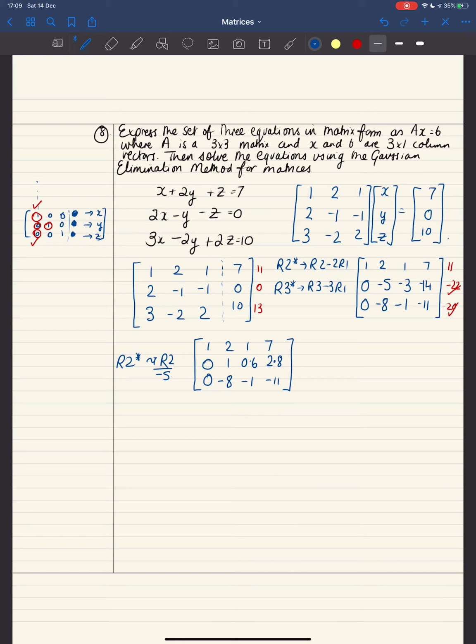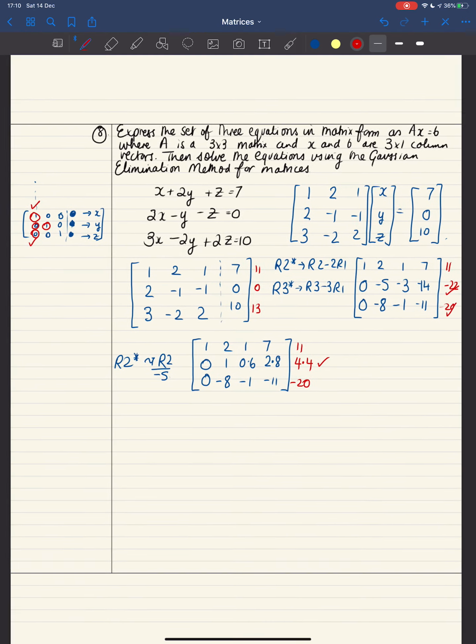And so that's still going to be 11 because we haven't changed that row. That's still going to be minus 20. So if we do this old total here, minus 22 divided by minus 5 is 4.4. And do these add up to 4.4? 1 plus 0.6 is 1.6, 2.6, 3.6, 4.4.